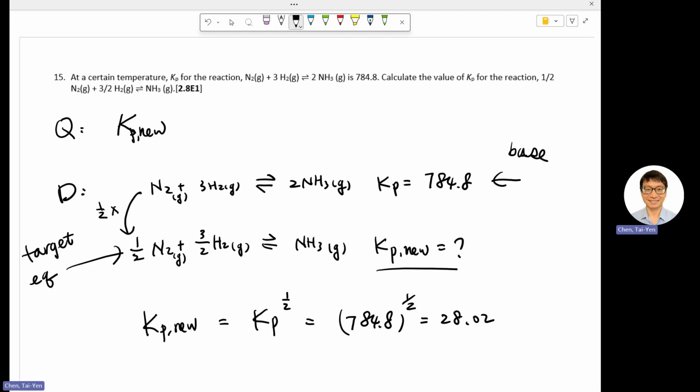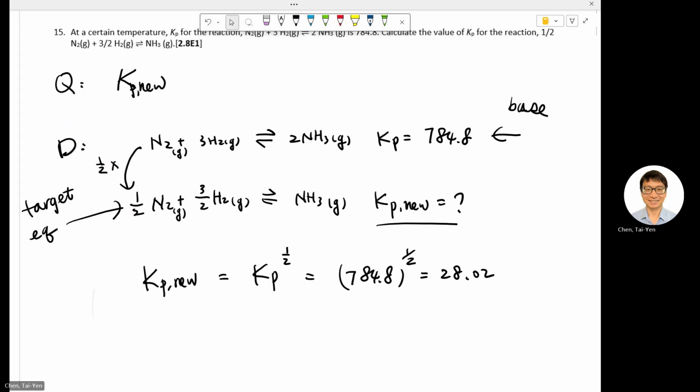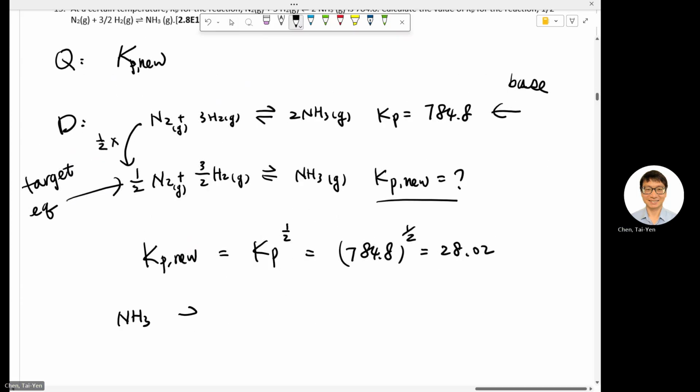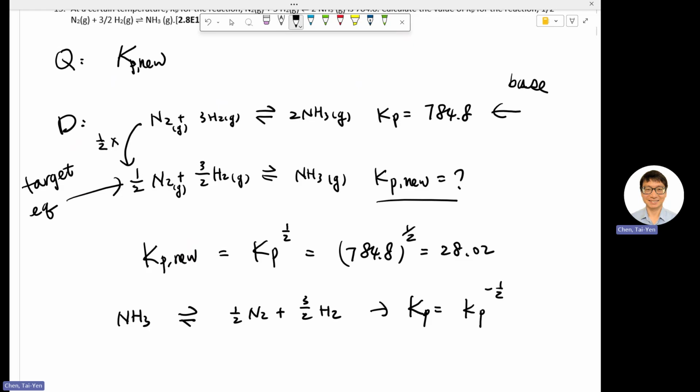So if I flip my target equation, if I do this, then the k for this specific direction will become the original kp to the negative 1/2 power.